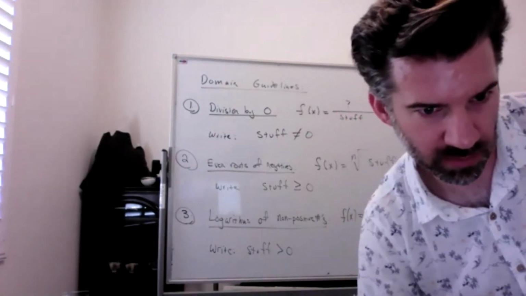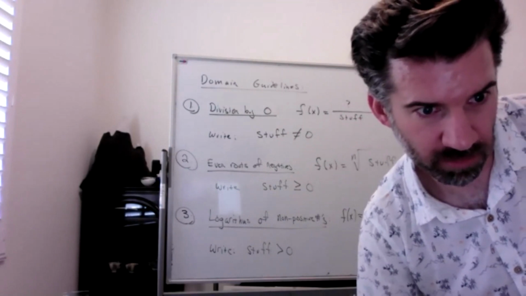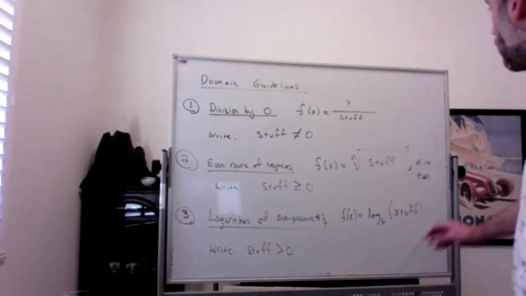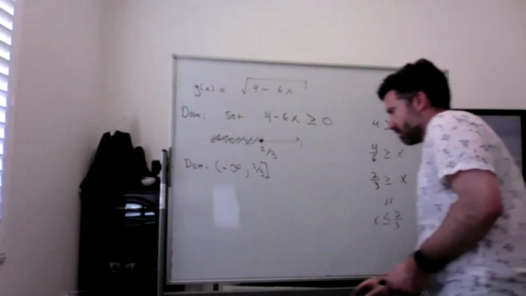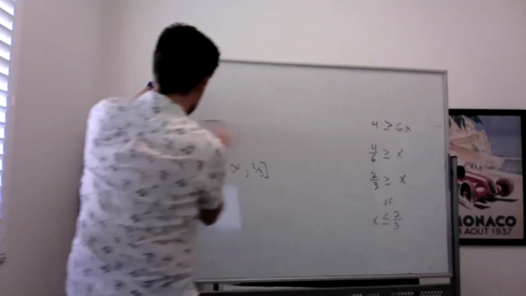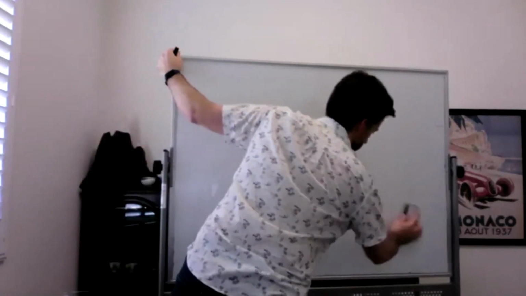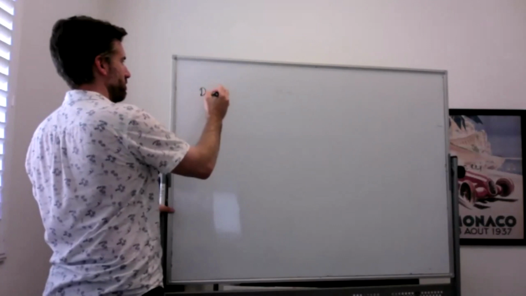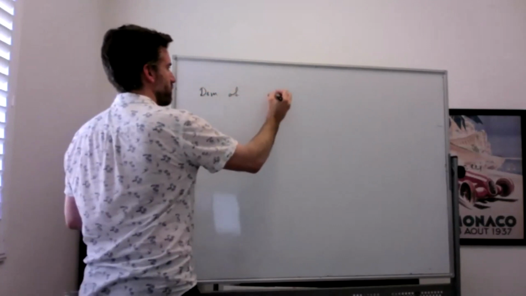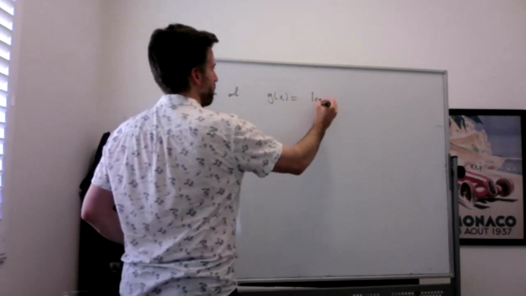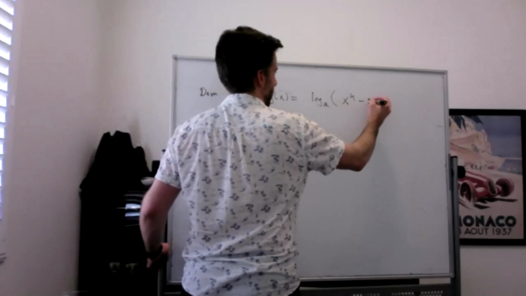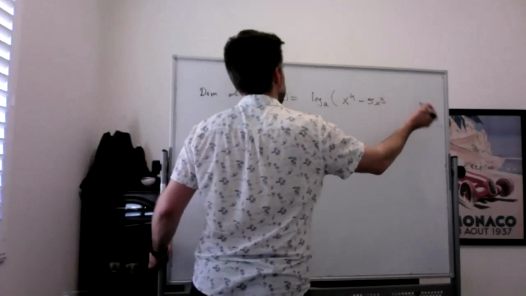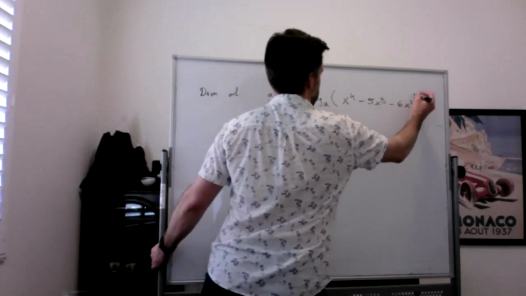So for example, I could say, what's the domain of g of x equal to the log base 2 of x to the 4th minus 5x cubed minus 6x squared.